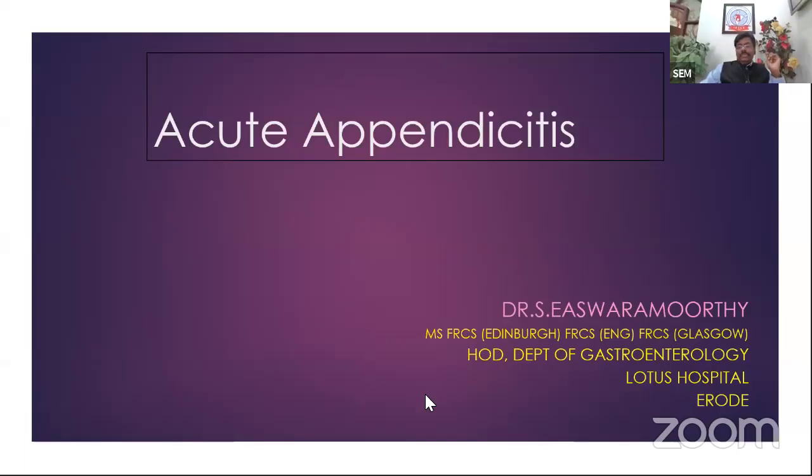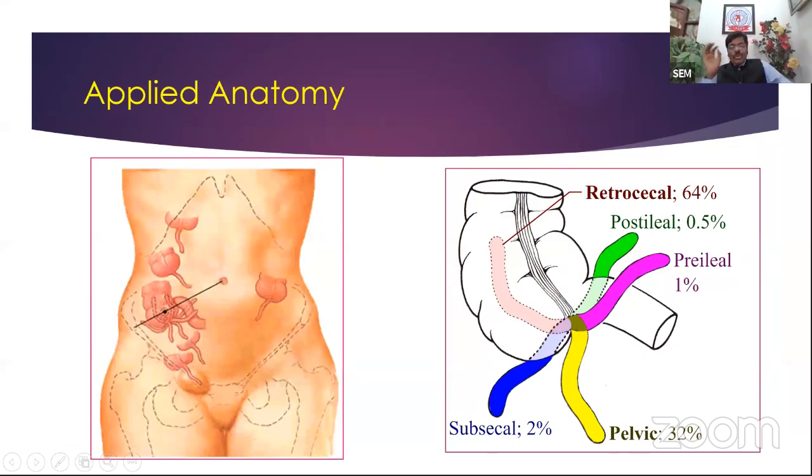Acute appendicitis. Right. So let's move on to acute appendicitis now because this is a very important chapter. What is acute appendicitis? This is inflammation of the appendix present right here at the ileocecal junction.